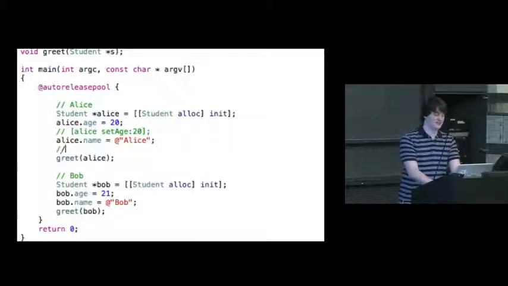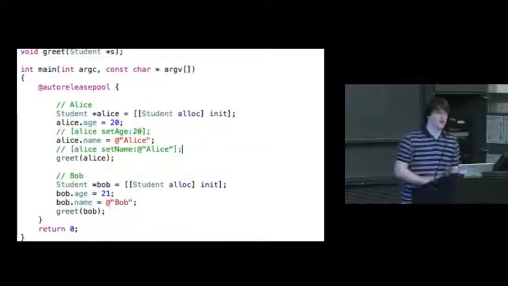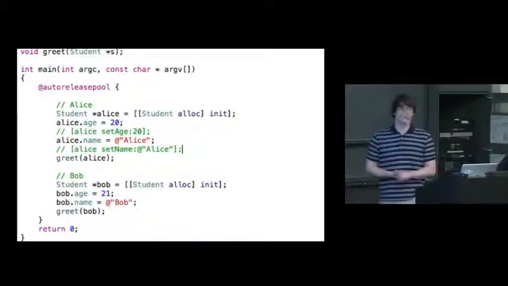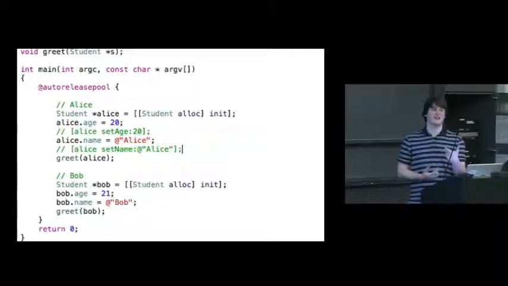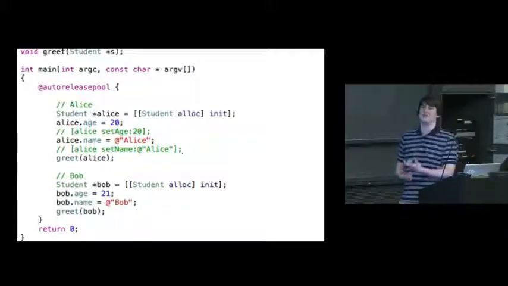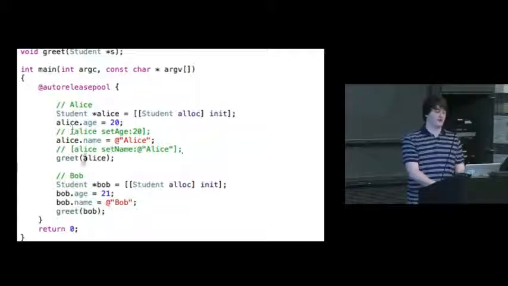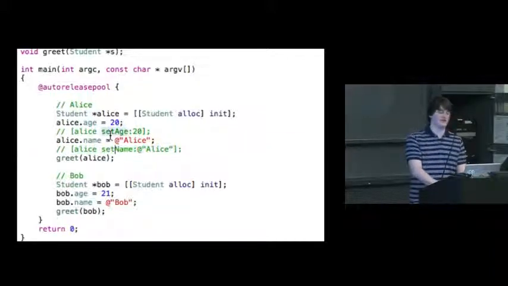And this is going to be Alice set name @Alice. So this is what properties have done for us. It's allowed us to access and set instance variables using dot notation, instead of having to go through this set name and set age method or message passing.